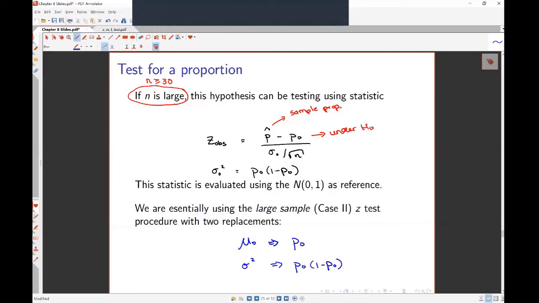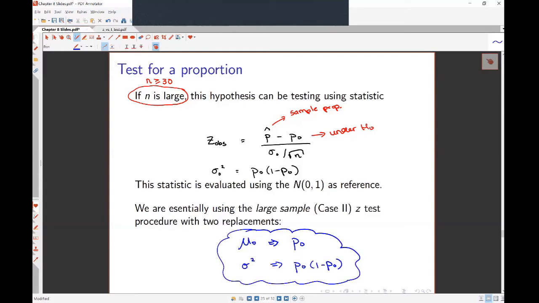But if you make this substitution, then all the formulas that hold for case 2 of testing hypotheses about a population mean carry over to testing hypotheses about a population proportion.